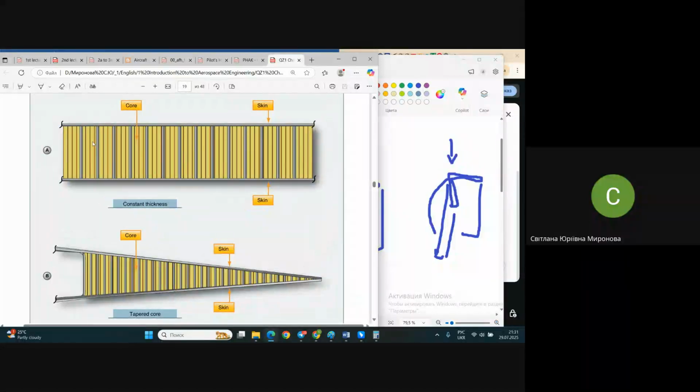A very thin skin is supported by something also very thin, made either of foil or even of paper, usually synthetic paper, it doesn't matter, with very thin wall elements that have a specific shape. Why honeycomb? Because it really looks like a honeycomb in cross section. And this extremely thin, extremely light structure will have very high strength.